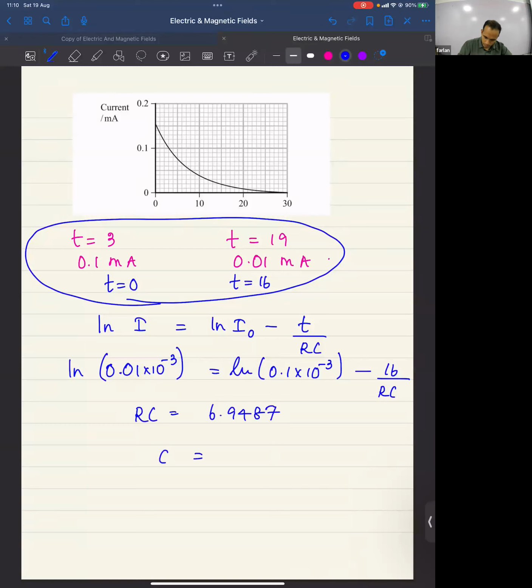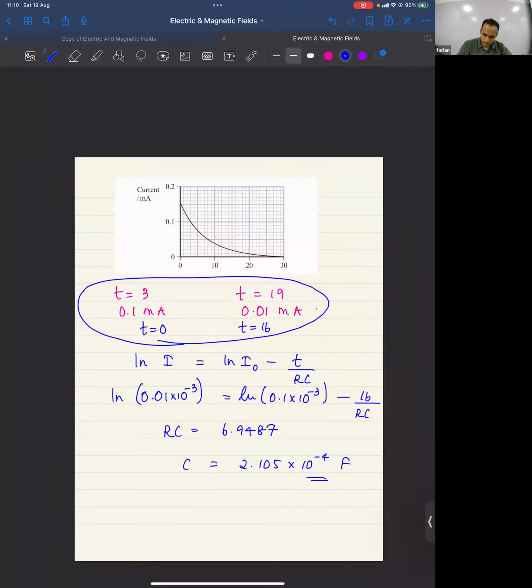So the C will be that divided by R, what is the R? 33,000, which is 2.105 into 10 to the power minus 4 farads.